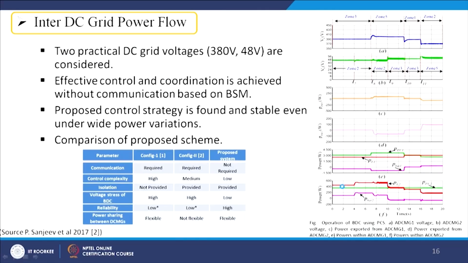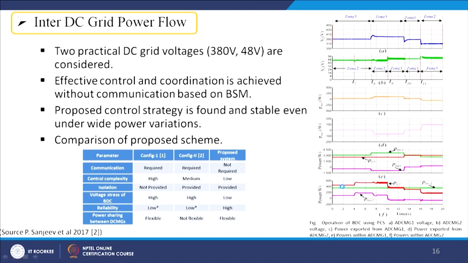Now, for inter DC grid power flow, two practical DC grid voltages, one at 380 volts and the other at 48 volts, are considered. Effective control and coordination is achieved without communication based on BSM. The proposed control strategy is found to be stable even under wide power variation.